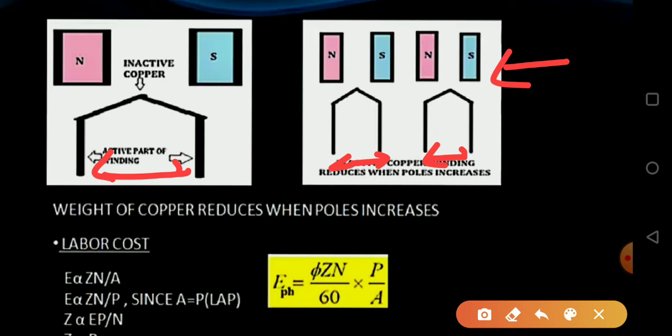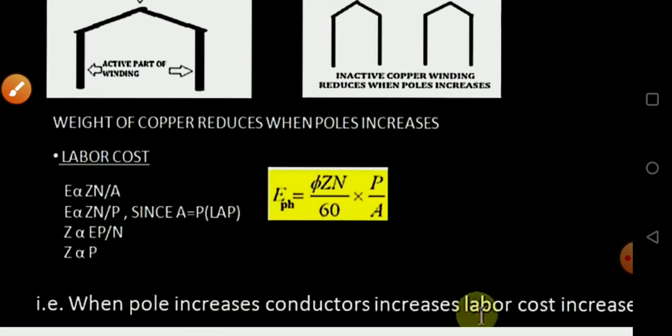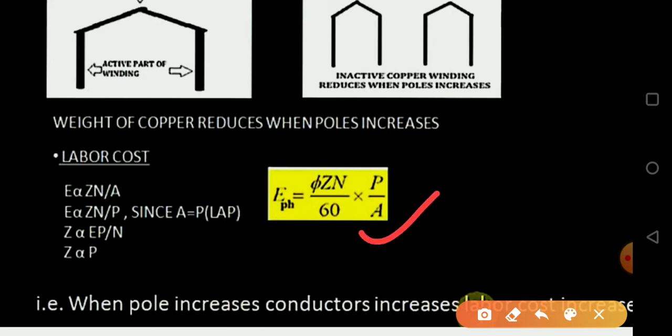When we calculate the labor cost, we have the equation E_ph equal to phi Z n upon 60 into P over A. Here E is proportional to Zn upon A, and for lap winding A equal to P. If we put A equal to P, then Z equal to E P over n, so Z is proportional to the number of poles.